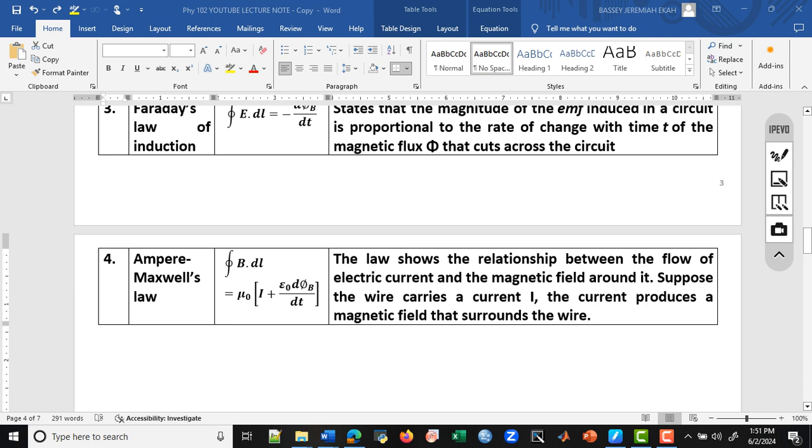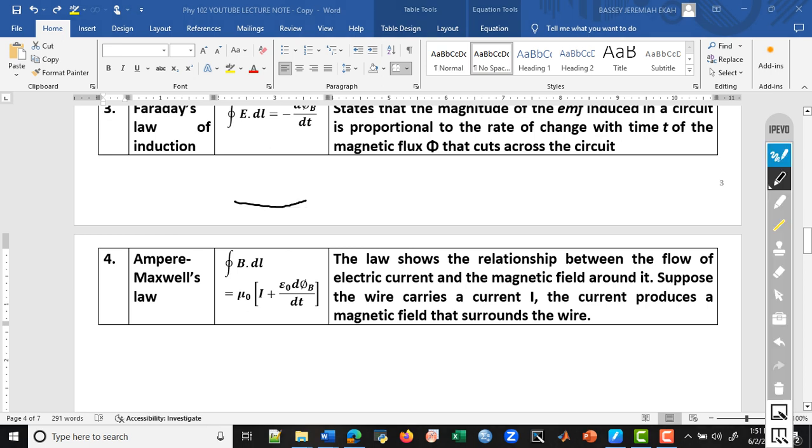So the Ampere-Maxwell equation comes with the flow of current, and then you see the mathematical expression for the magnetic field and the symbol for current. So the expression is as follows.